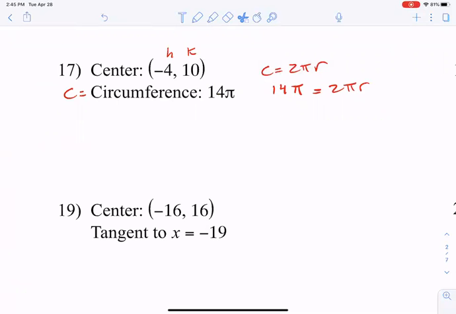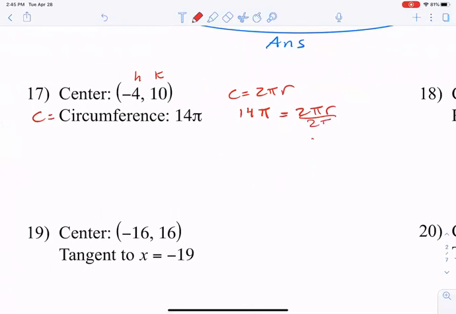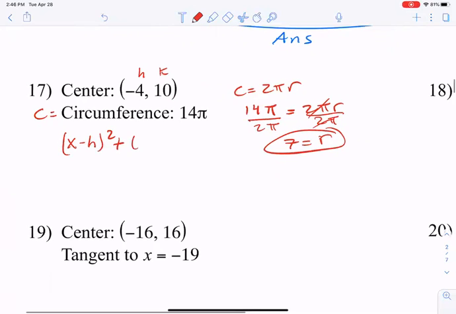And now we need to solve for the radius. So we need to divide both sides by, sorry about that, by 2 pi. This cancels out, we get r equals 7. So the equation of the circle is x minus h squared plus y minus k squared equals r squared.